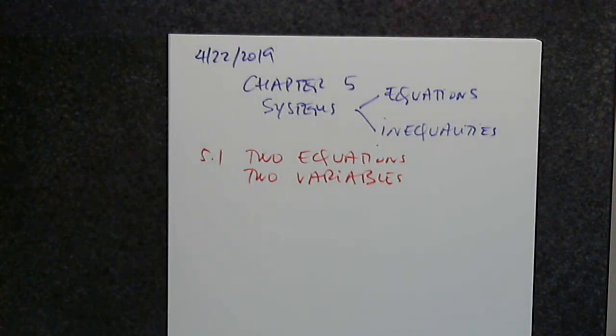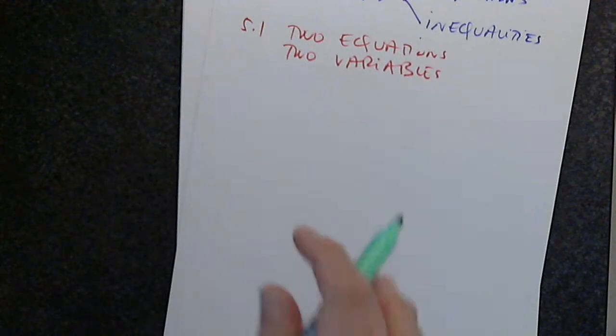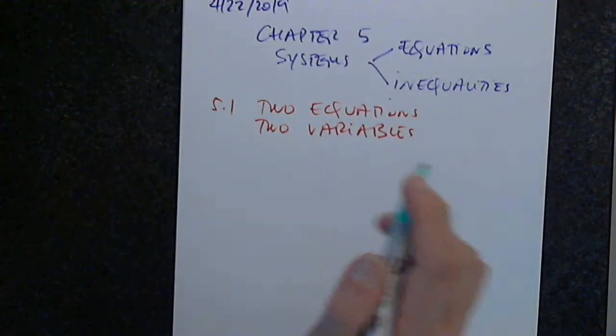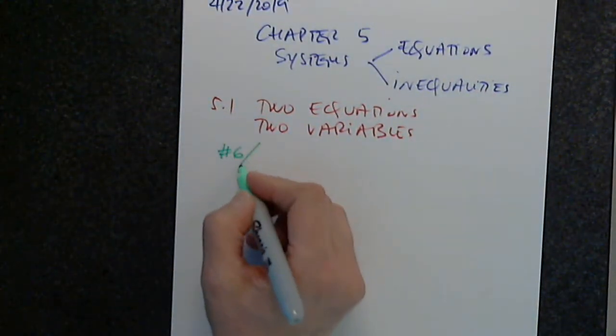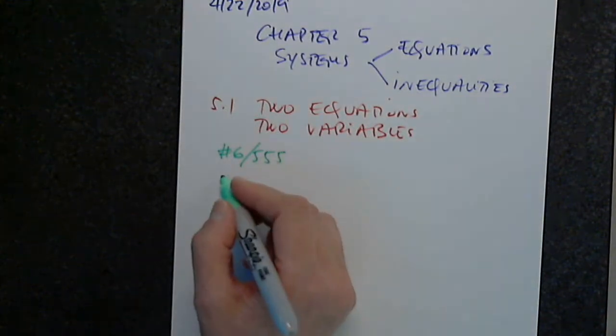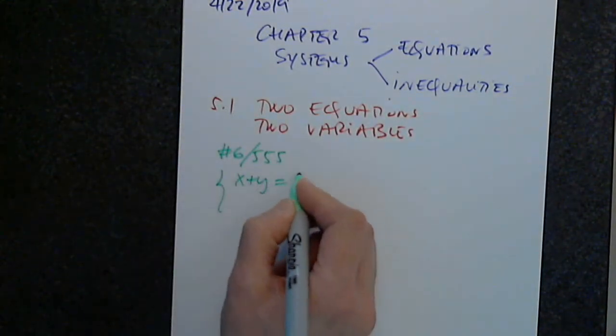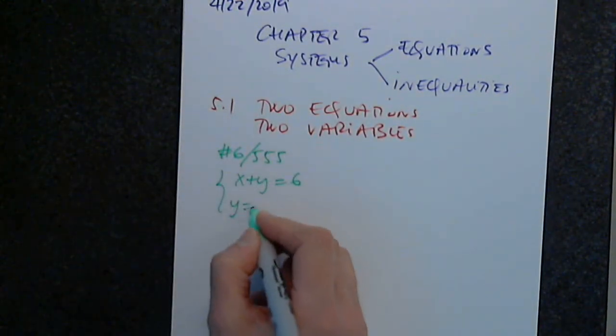We are on page 555. Let's start with problem 6, on page 555, and that is x plus y equals 6 and y equals 2x.